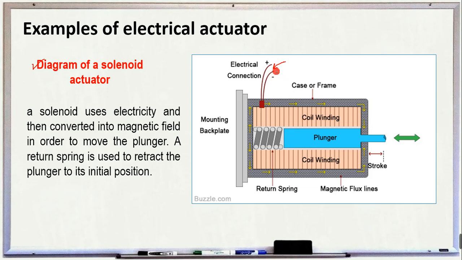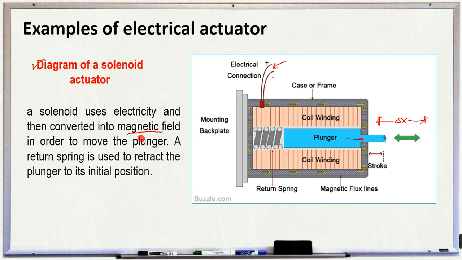Once an electrical signal enters, the coil winding creates a magnetic field, and with that magnetic field, it enables the plunger to move forward. So the electrical signal we input here is converted into displacement. Therefore we convey movement through this plunger.